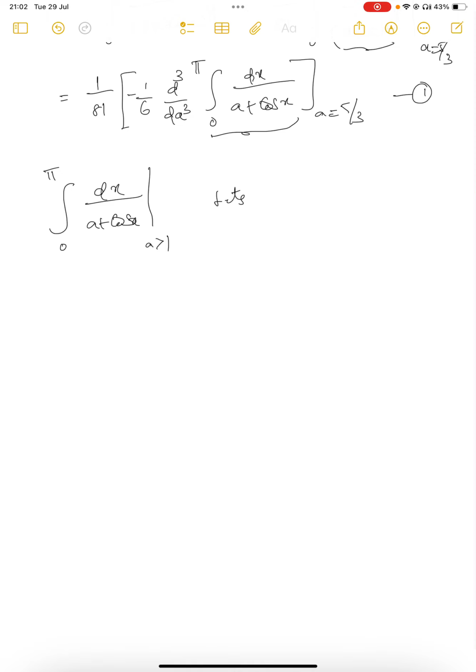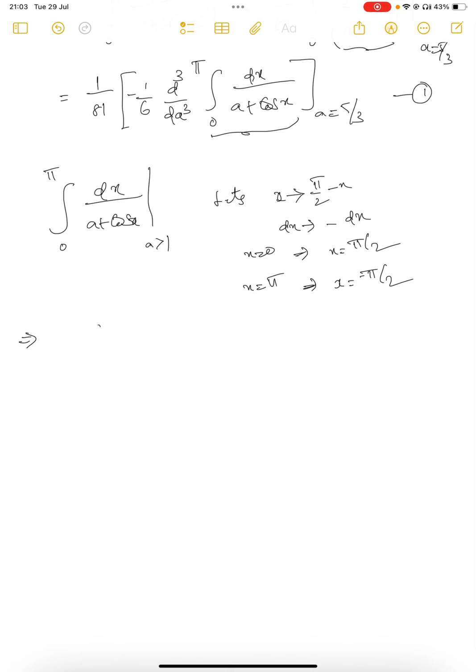Let's make a substitution: x tends to pi by 2 minus x. If x tends to pi by 2 minus x, then dx will change to minus dx. x equal to 0 changes to x equal to pi by 2, and x equal to pi changes to x equal to pi by 2 minus pi, which is minus pi by 2.